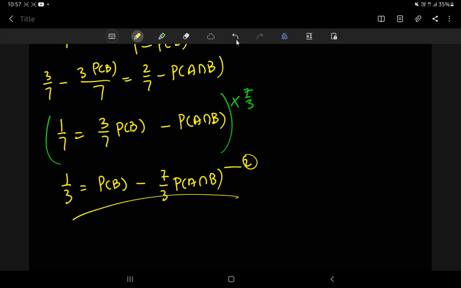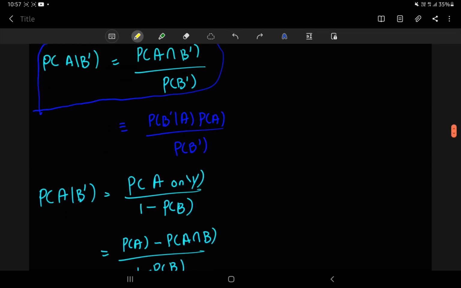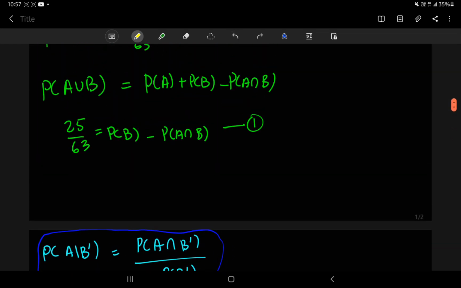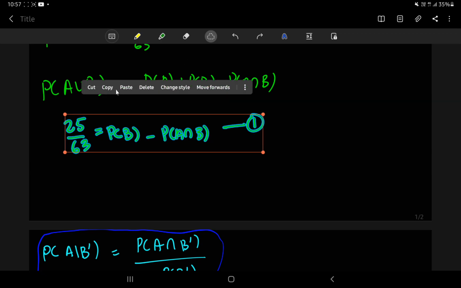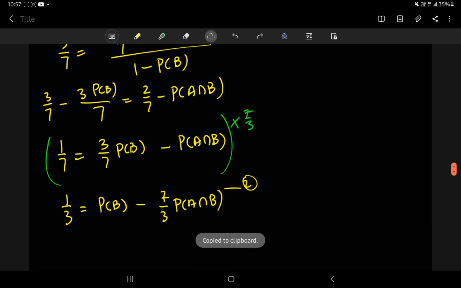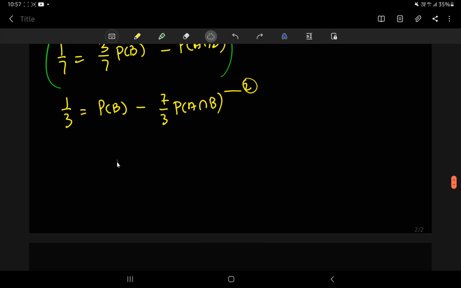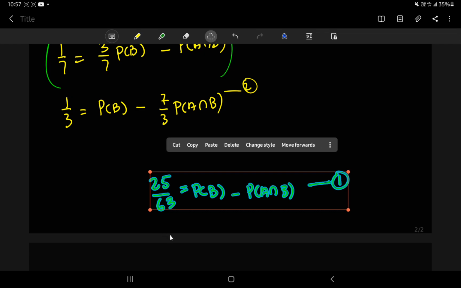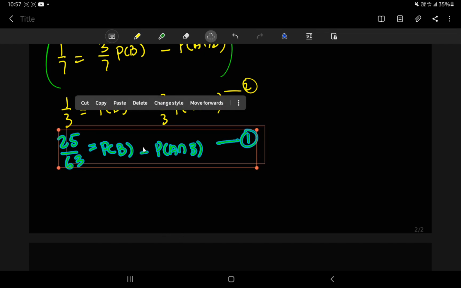So from equation 1 we have this. We have two unknowns and two equations, so we can solve this very easily using simultaneous equations, equation 1 and equation 2.